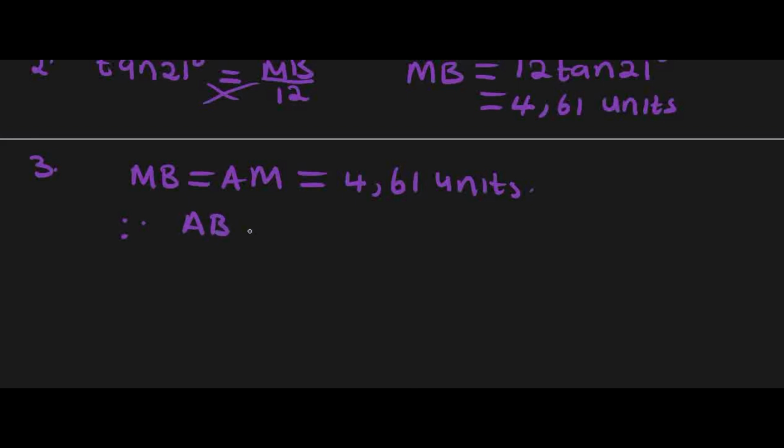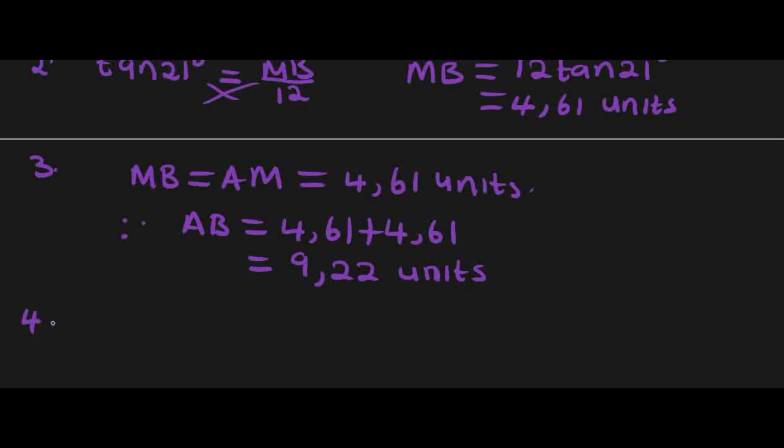Therefore, we will say AB is equal to 4,61 plus 4,61, which is equal to 9,22 units. Therefore, AB is 9,22 units.